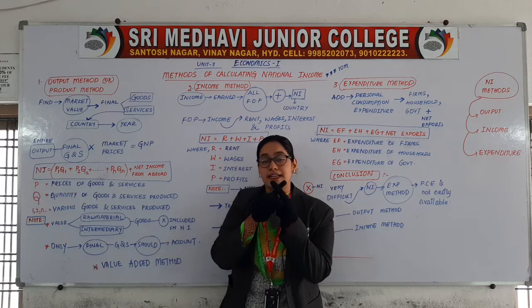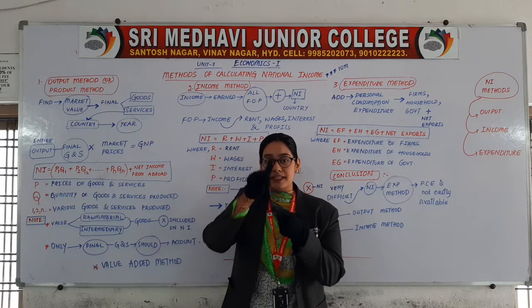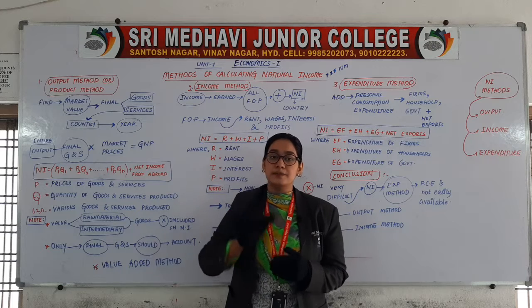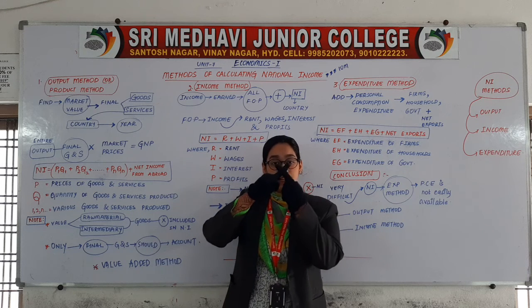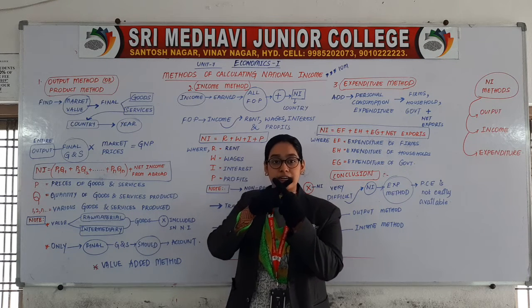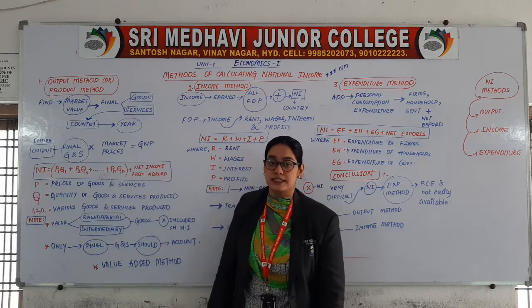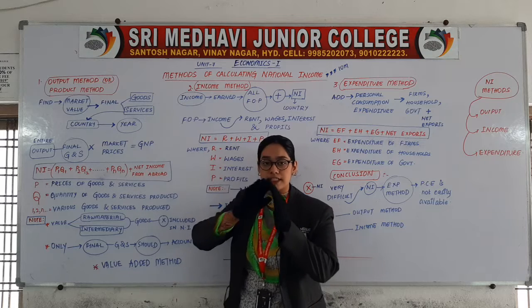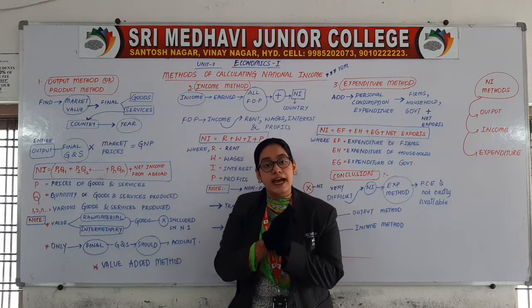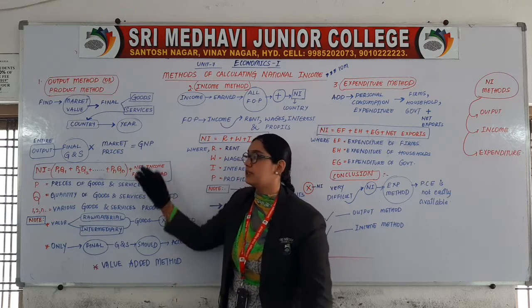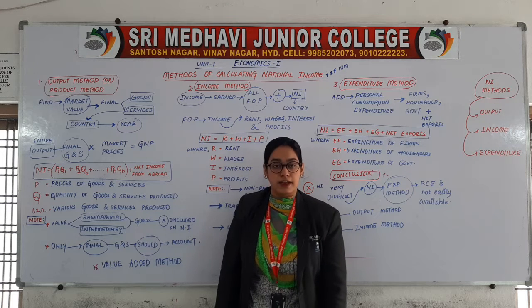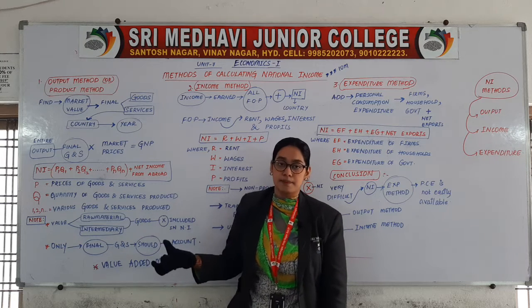Multiplied means product, as I said. Plus means addition. Minus means subtraction. Cross mark means multiplied, right? So multiplication with their market prices. Whatever the goods and services you are producing, that will be multiplied with the market prices. For example, you are producing rice bags.